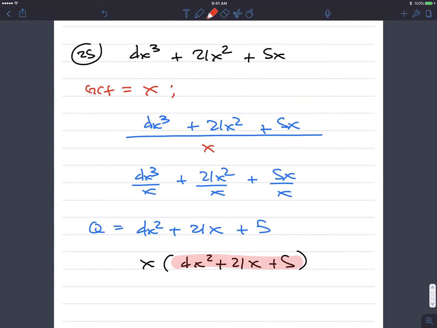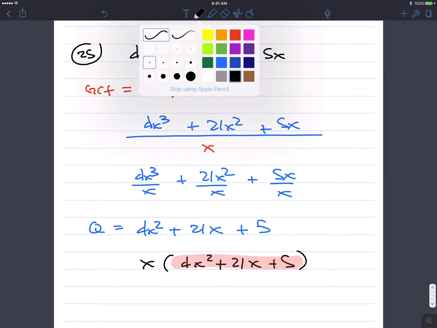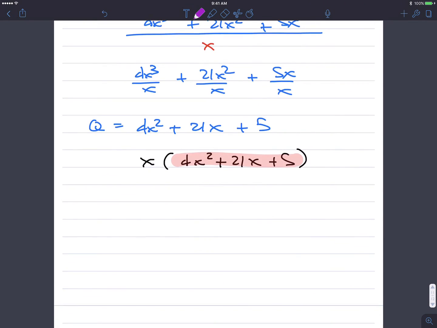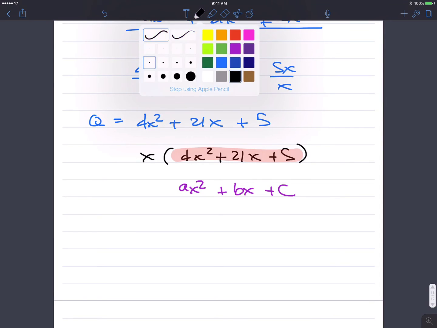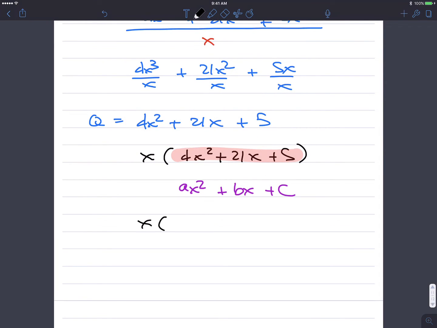Factor the what? The quotient. And that quotient is of the form ax squared plus bx plus c. So, okay, we'll do it as trial and error. Some of you guys know this trial and error, some of you guys don't. This is going to be 1 and what? 5, by the way.